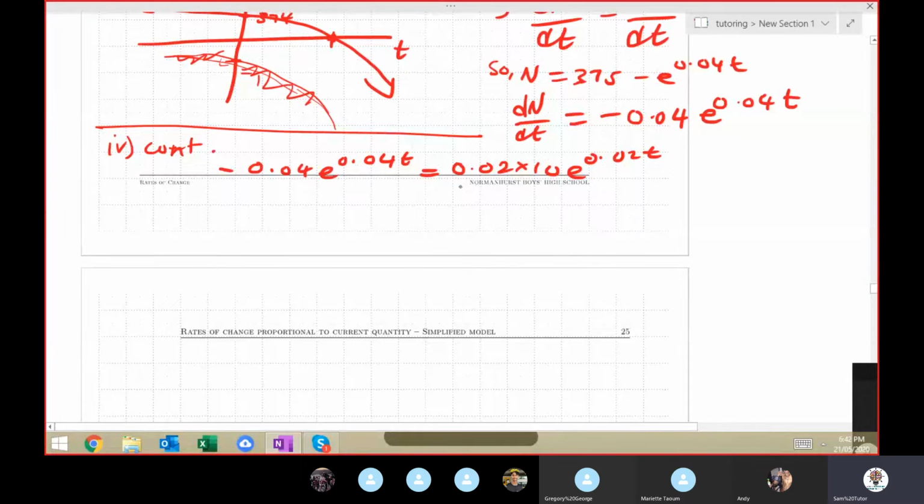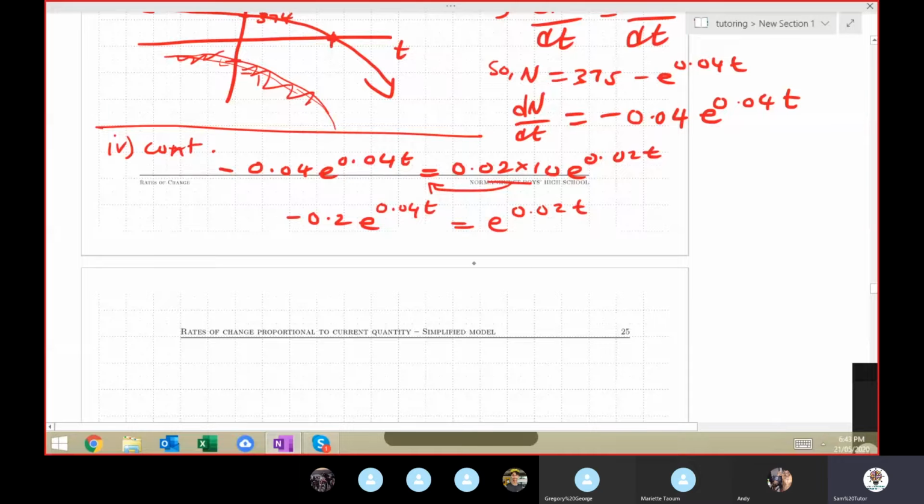And then I would bring it to this side. So I would divide these two to this side, just because I can. Once I divide these two onto that side, it'll look like this: negative 0.2 e^0.04t equals e^0.02t.